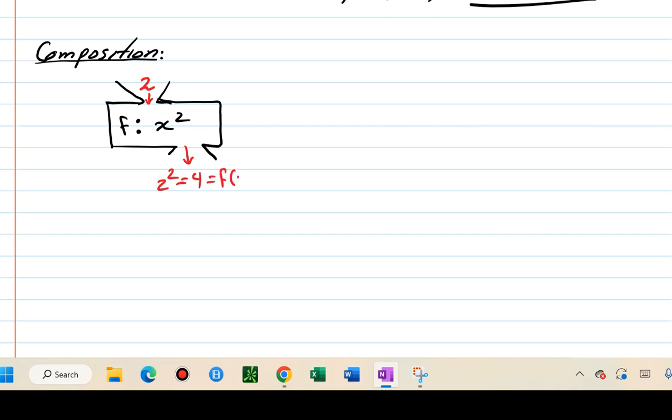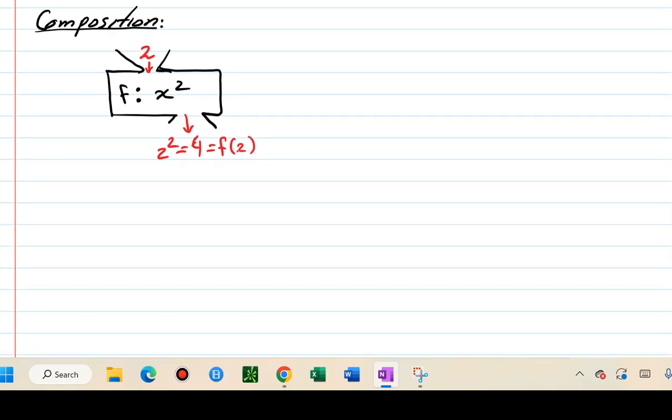And we say that's f at 2. The function evaluates 2 and the output is 4. So f at 2 is 4. And that's no surprise. We've seen that before. I think it was in section 2.3 that we introduced functions.